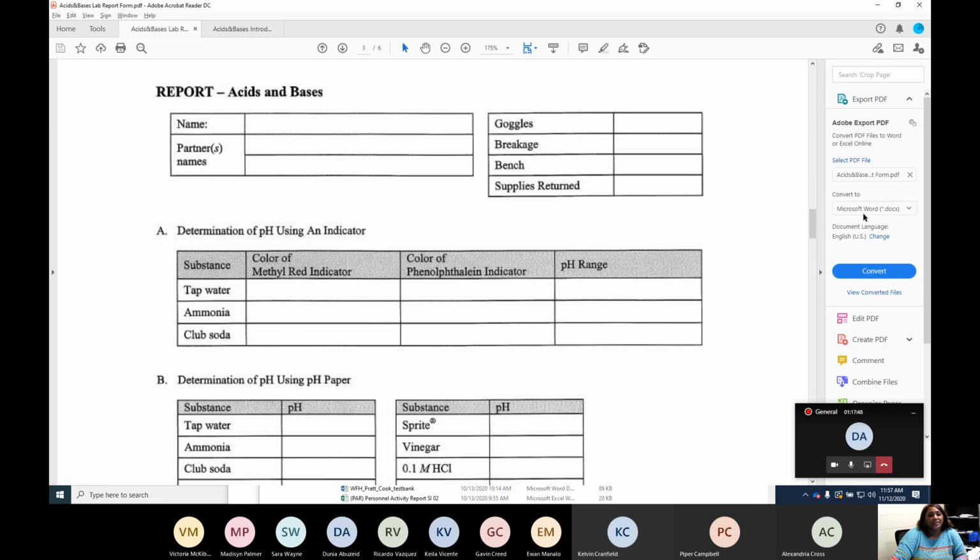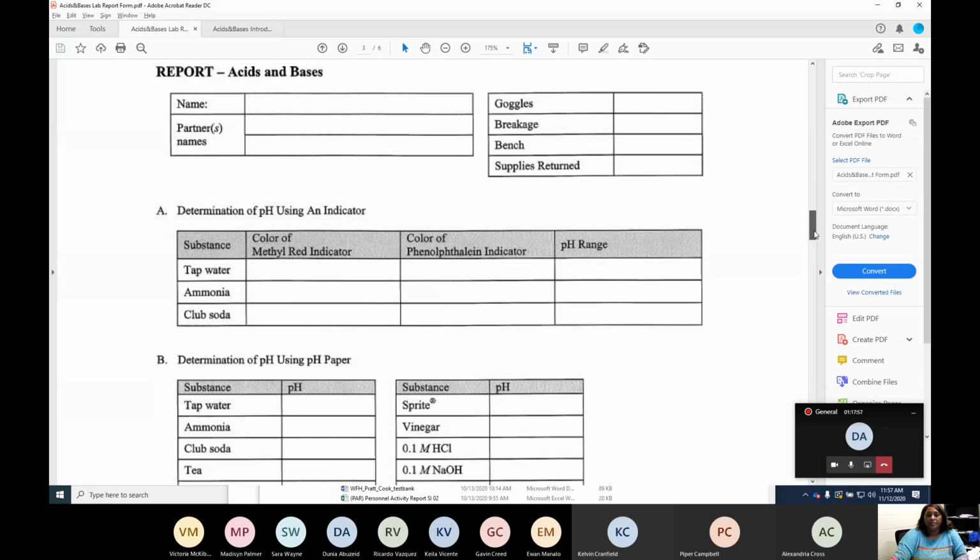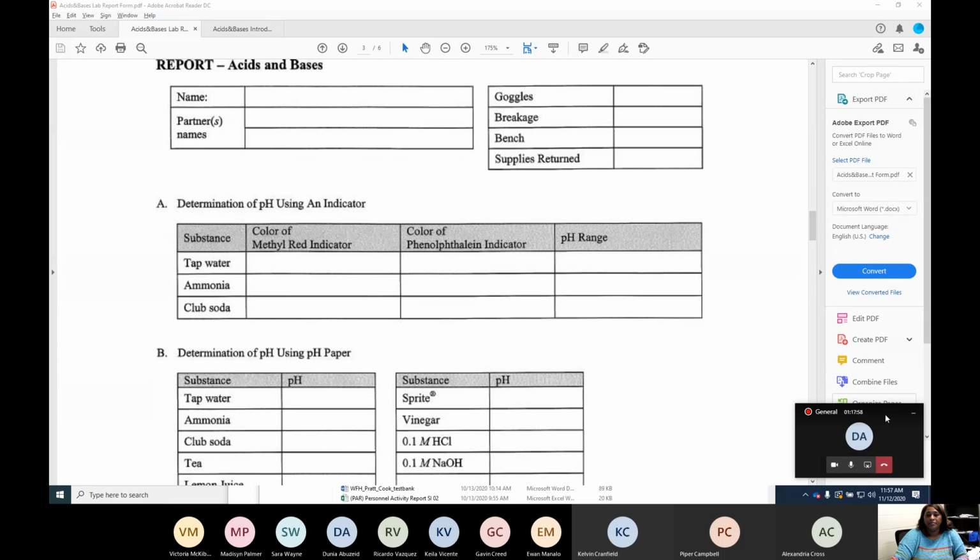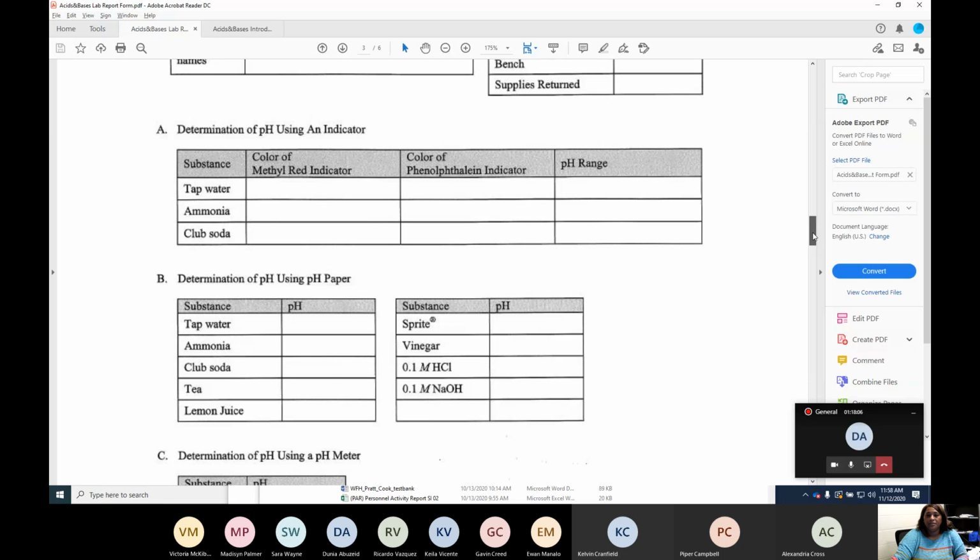Any group can volunteer. No volunteers to share their results for the indicator portion.